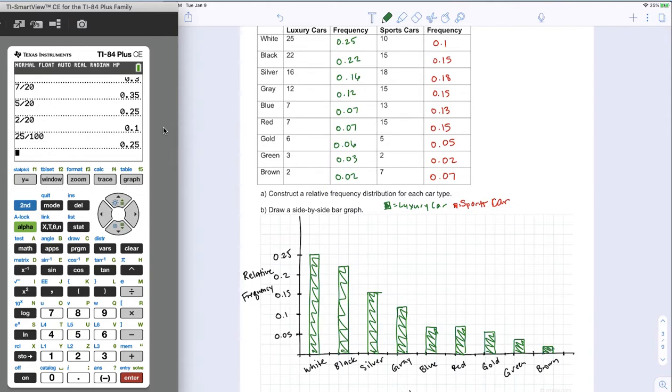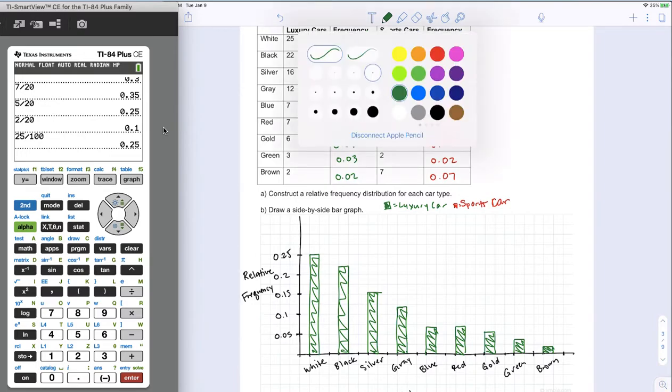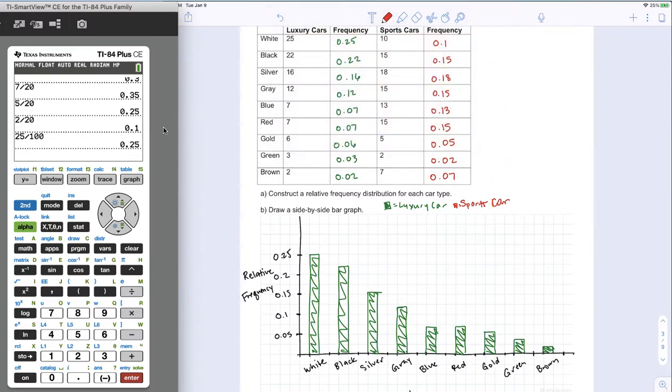Okay, now we're going to go back in and make the red bars for the sports cars, and they're called side by side because they will be touching the luxury car bars that match the same color. Notice I still left some gaps between the bars. So for sports car white, 0.1, so right here. Sports car black, 0.15, so right up to here.